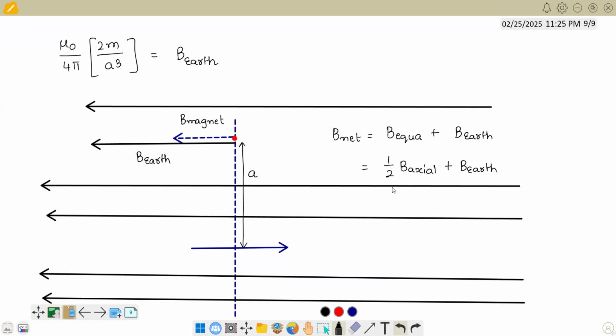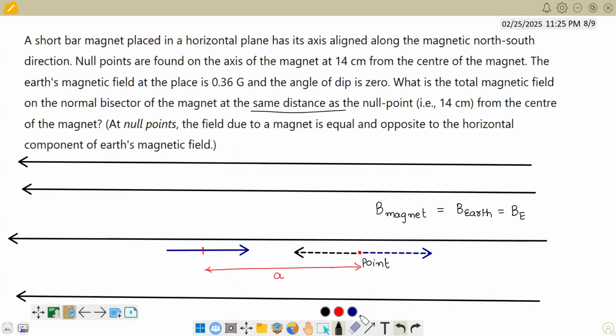We know the magnetic field at an axial point at distance a is exactly equal to the magnetic field due to Earth. So we can write half B Earth plus B Earth. So we ultimately get 3 by 2 B Earth. So finally, the conclusion is for what he's asking, the total magnetic field on the normal bisector of the magnet at the same distance as the null point from the magnet.